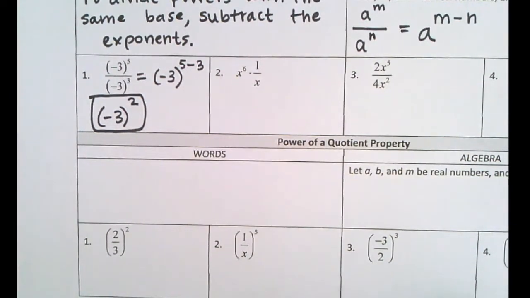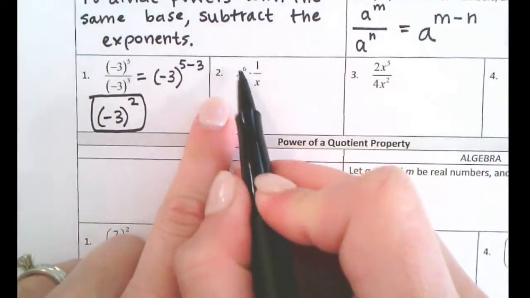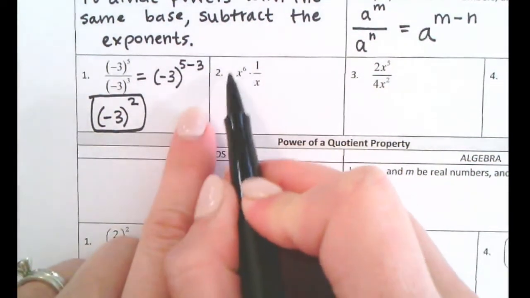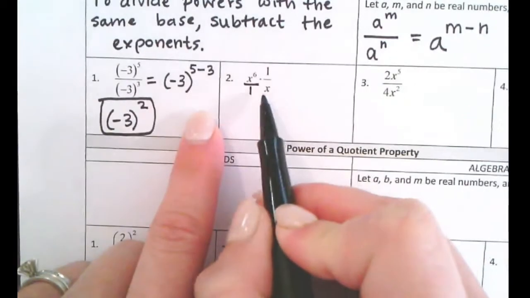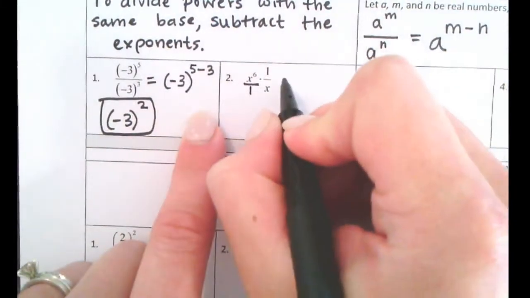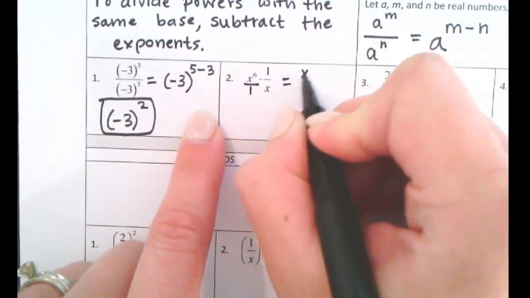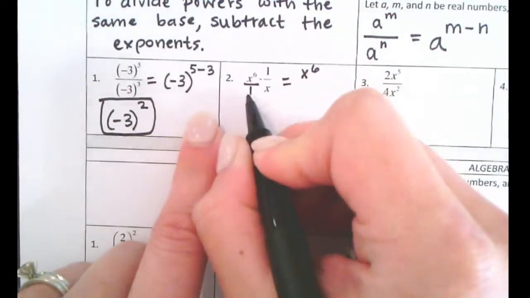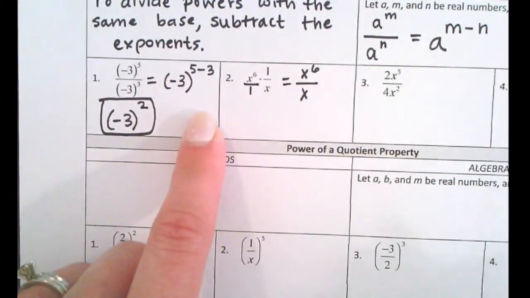Our next problem looks a little bit funkier. We have x to the 6 times 1 over x. Well, this is also just a basic division problem. We have this x to the 6 technically in the numerator, and we have an x in the denominator. So I can actually rewrite this problem by multiplying the top as x to the 6 and multiplying the bottom as x.